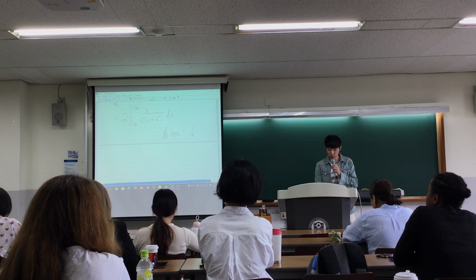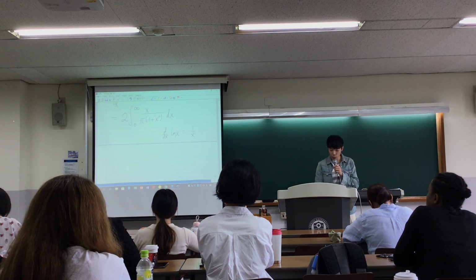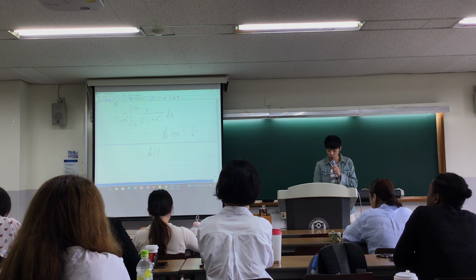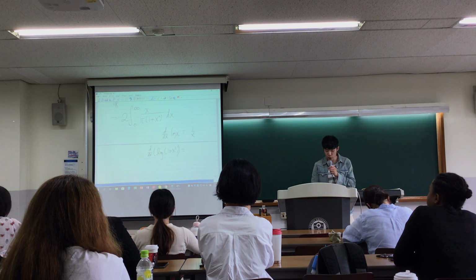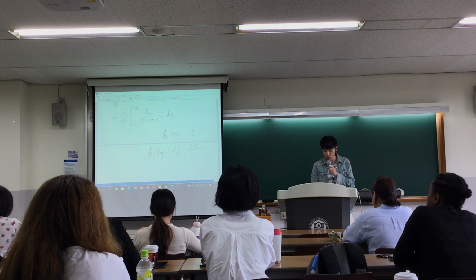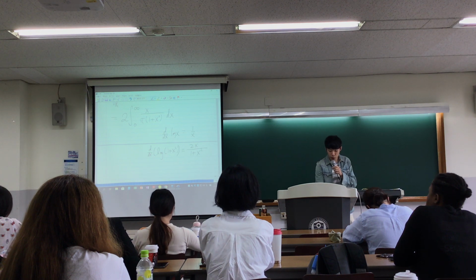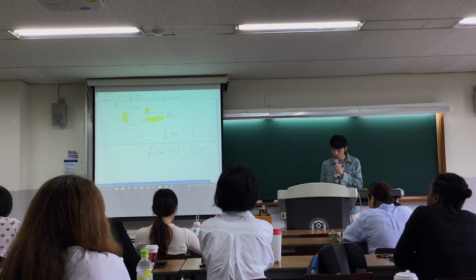It's 1 over x. And so if I differentiate the log of 1 plus x squared, then I can use chain rule and say this is 2x over 1 plus x squared, which is exactly what we have here, right?